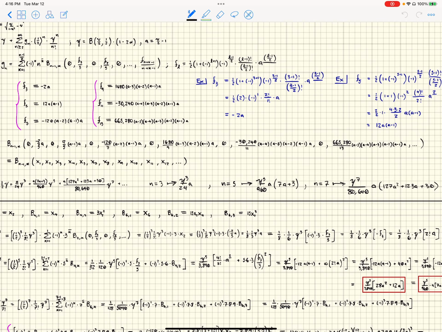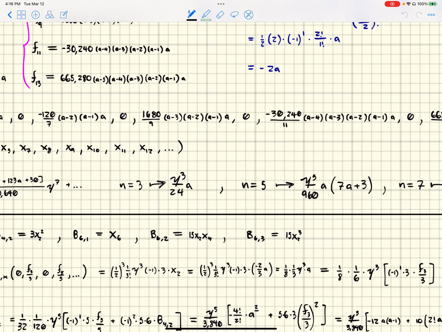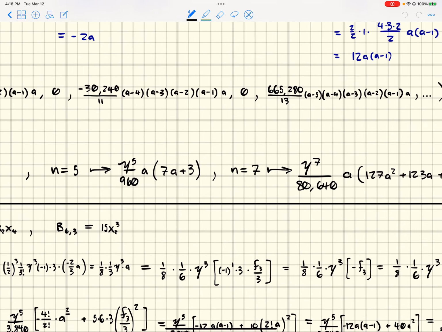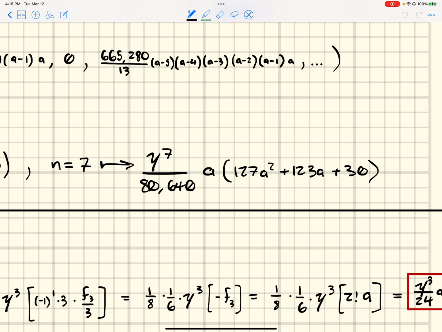I show that, depending on what term you're calculating, you get a gamma term raised to a power divided by a large number, multiplied by polynomials in A, which correspond to those values we calculate in the coefficients triangle.